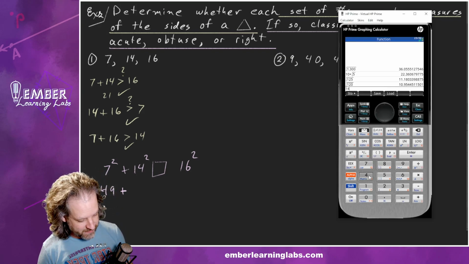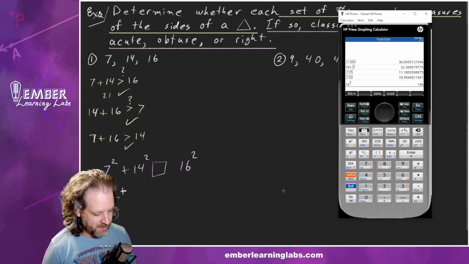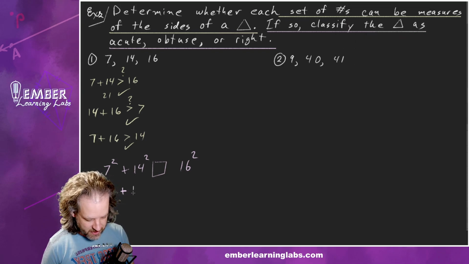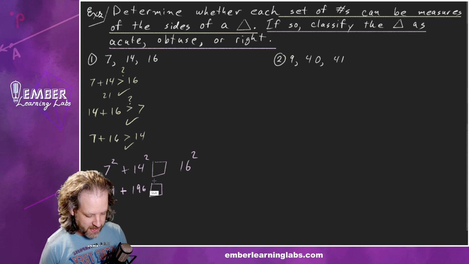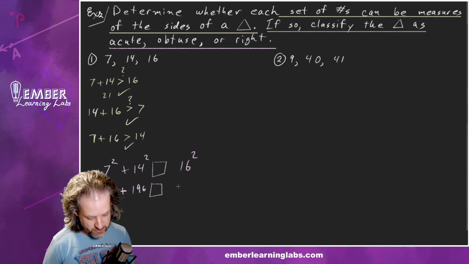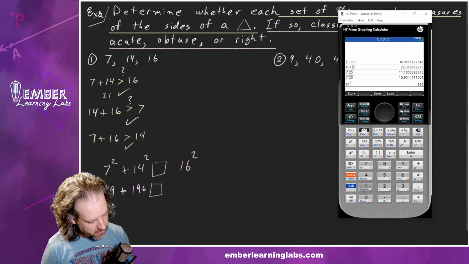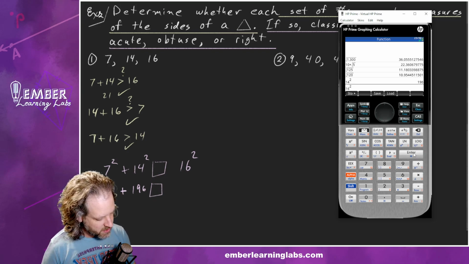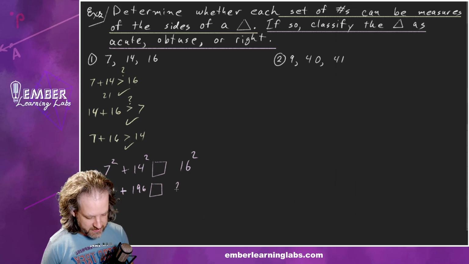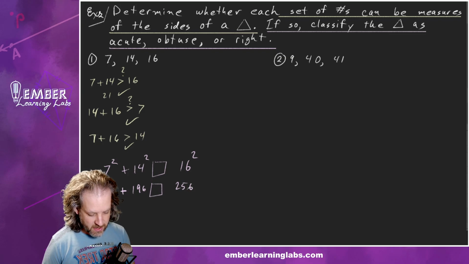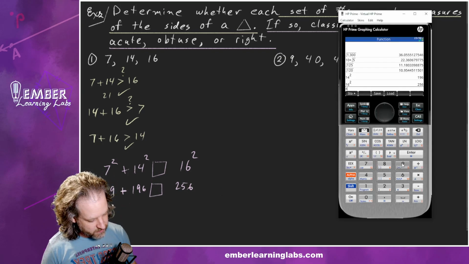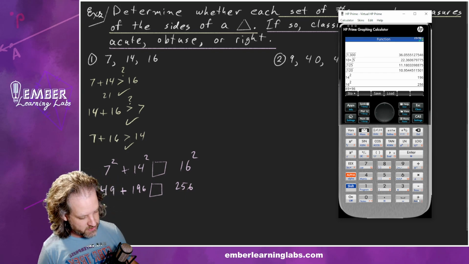But for the rest of us, we might pop that in the calculator and get 14 squared is 196. And we know, is that greater than or less than or equal to 16 squared? So 16 squared equals 256. 49 plus 196. We probably could do that in our head if we really wanted to.